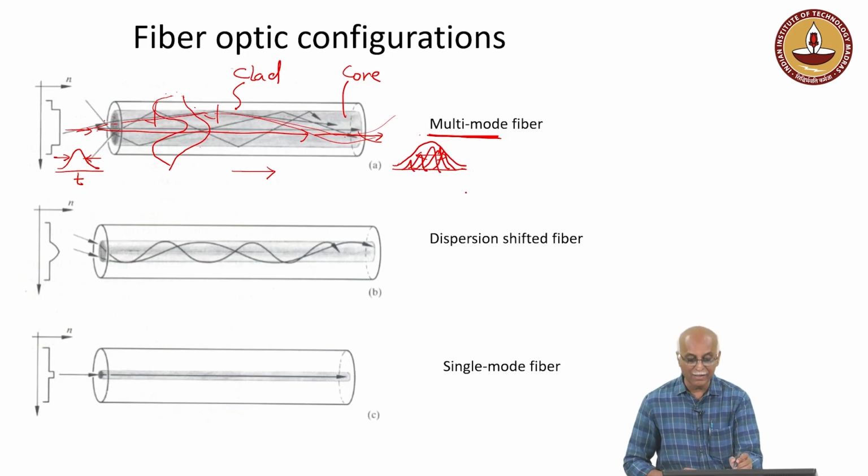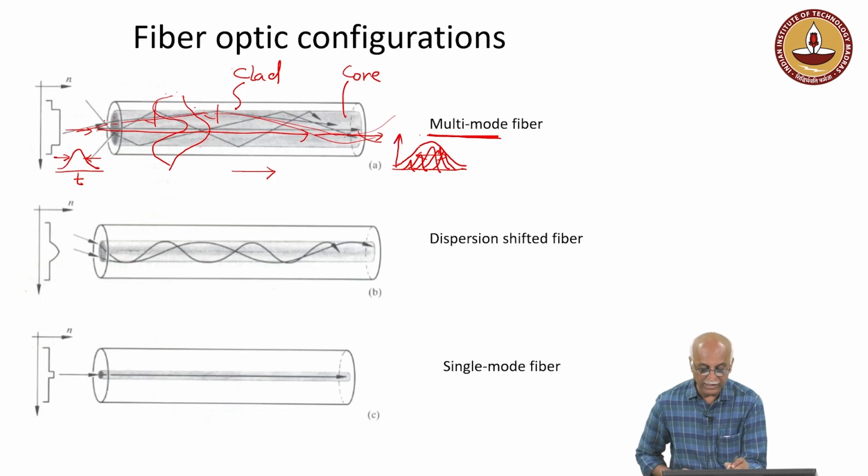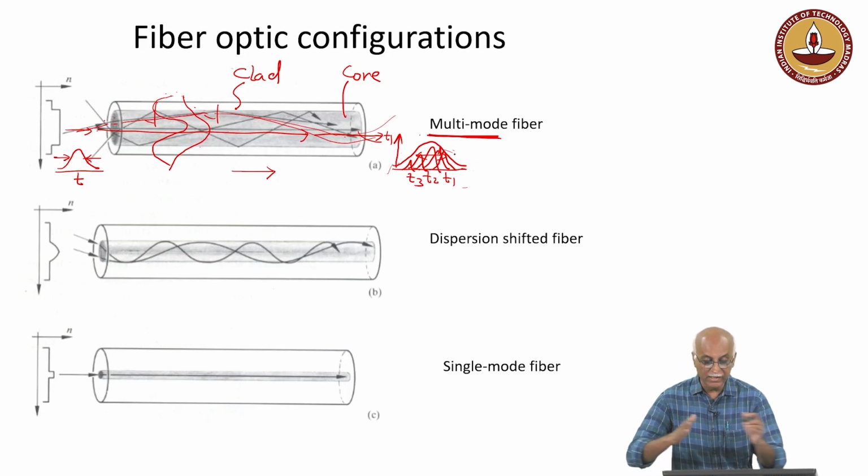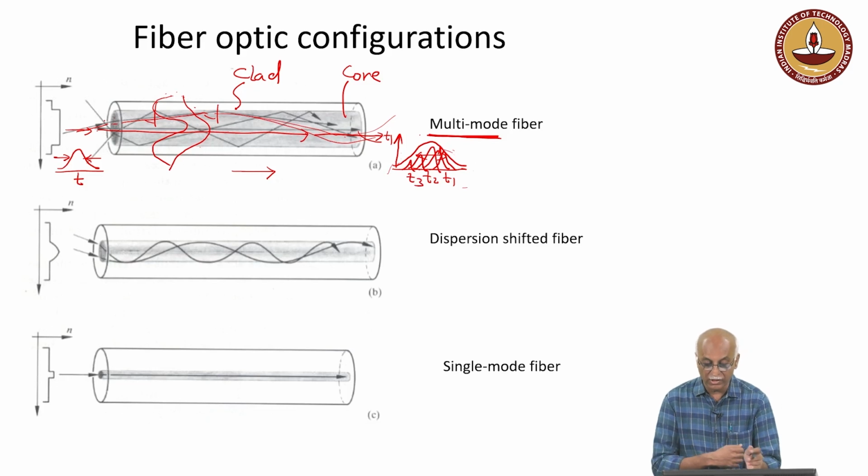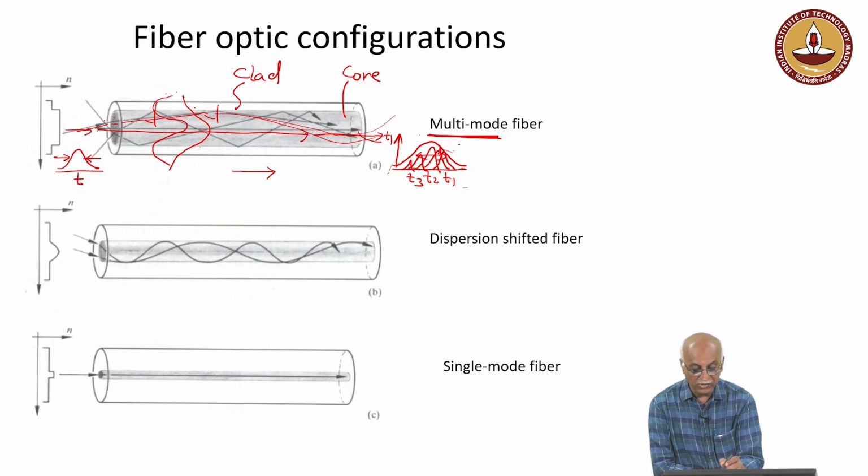This is a schematic diagram, please do not follow the magnitude as it is, but you will get the idea that every light ray will take, let us say, t1 time, the other ray t2 time, t3, and all will add up to give you a dispersed or distorted waveform output. So the input is a single pulse, and the output may be a broadened pulse. It is possible. So this type of fiber is known as a multimode fiber.